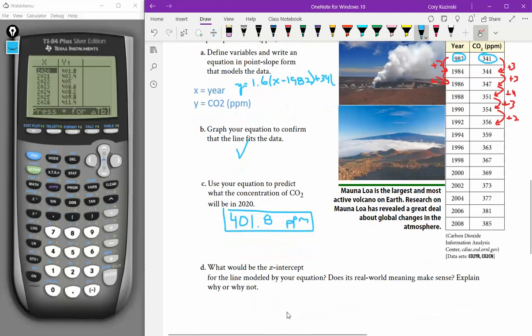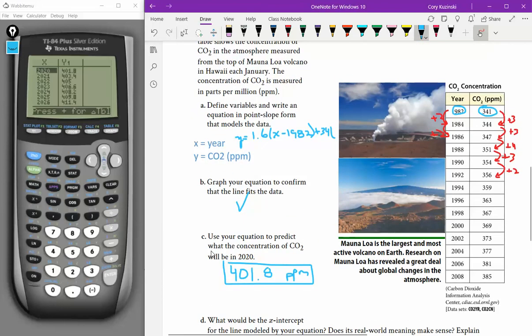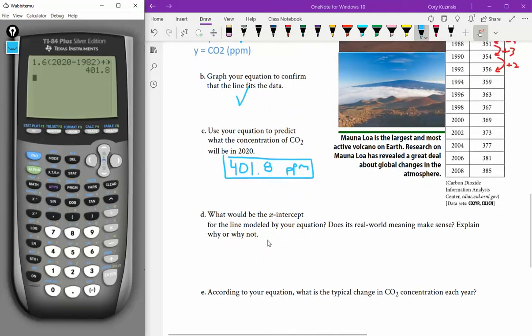Okay. And I could get that also by putting the year 2020 into my equation. I'll show you that real quick. 1.6 times 2020 minus 1982 plus 341. There it is, 401.8. What would the x-intercept for the line be?